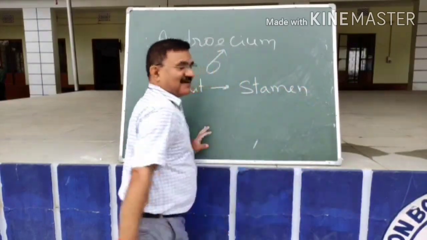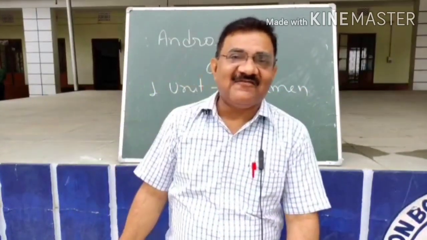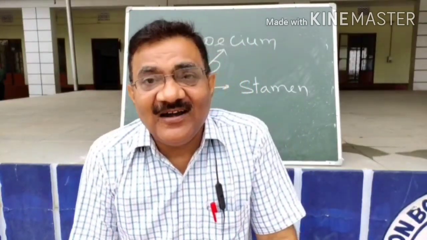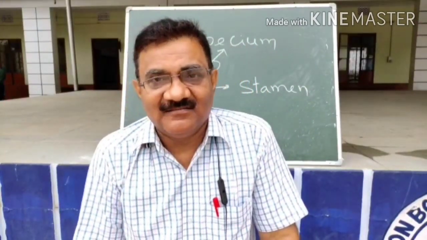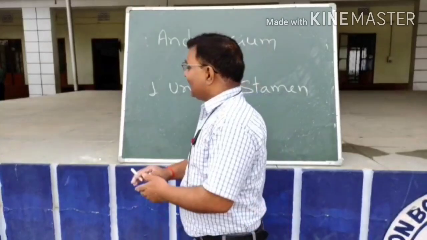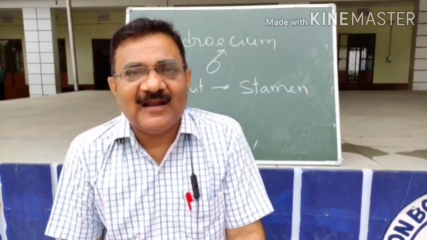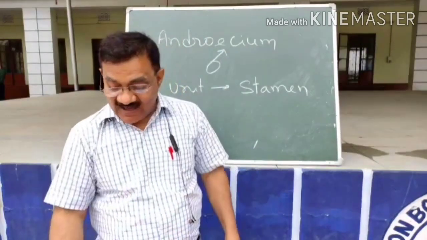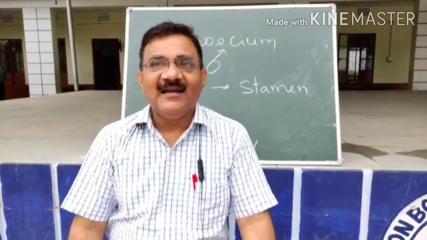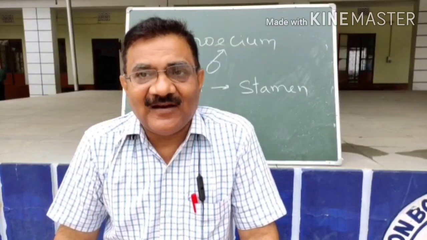And dear children, if the flower contains only male part, it is called staminate flower. And if the flower contains only female part, it is called pistillate flower. And if the flower contains both parts, it is called bisexual flower.